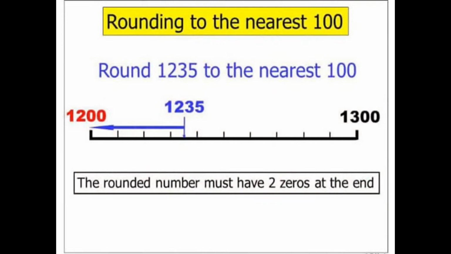Now here we can see it clearly with the help of the number line that the two hundreds closer to 1235 are 1200 and 1300, but 1235 is more close to 1200, so 1235 estimated to nearest hundreds is 1200. Here also you can note down the rounded number must have two zeros at the end. Hopefully it is clear to you.